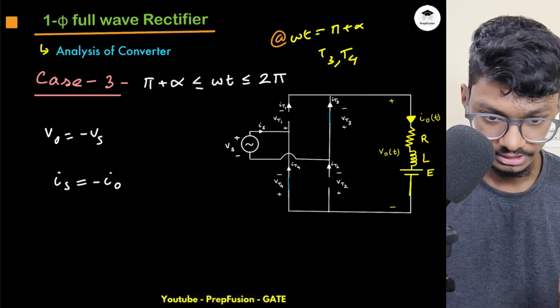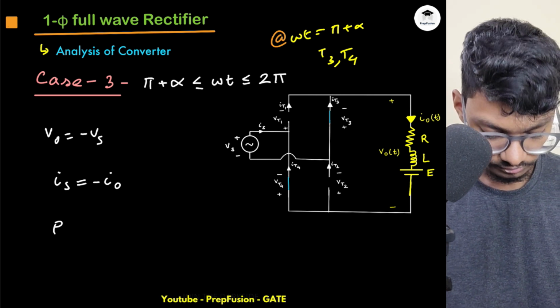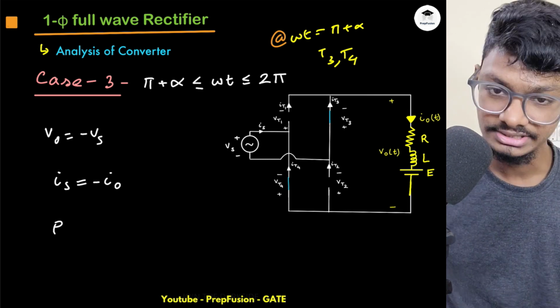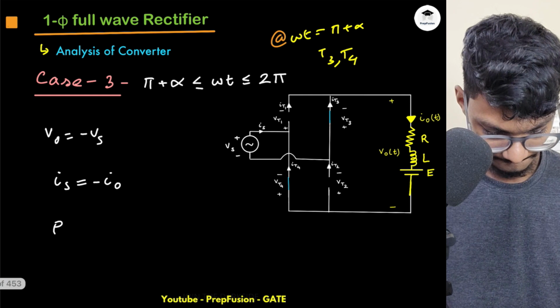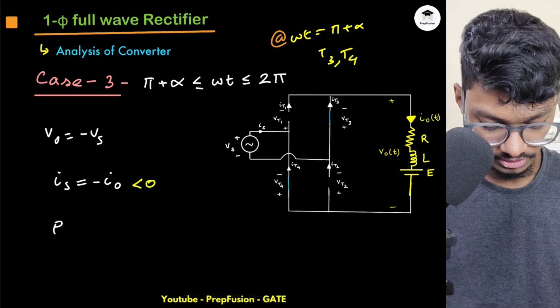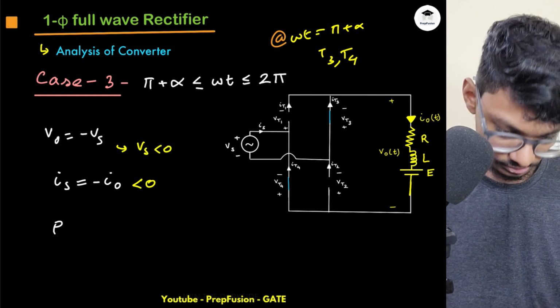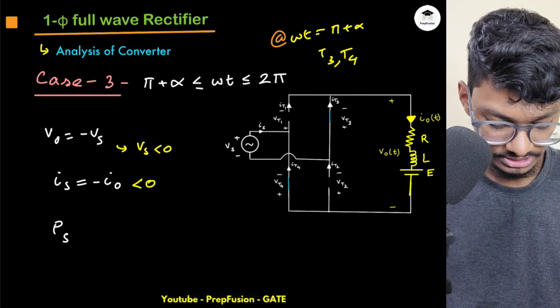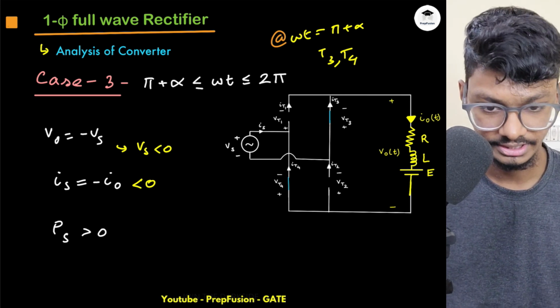This is the thyristor current, right? Now what is your power? My Vs in itself is negative, and IS is also negative, so my power PS is actually positive, because negative times negative is positive.